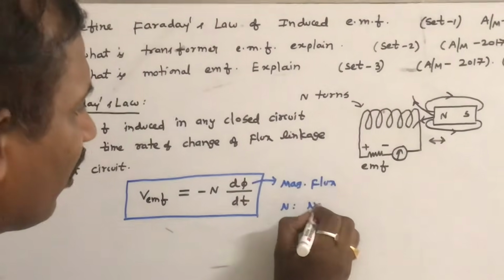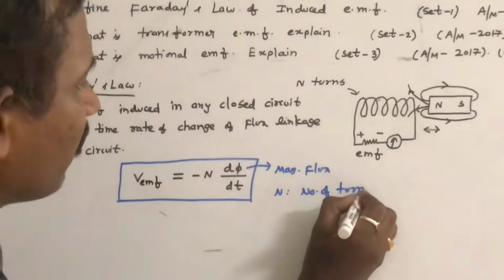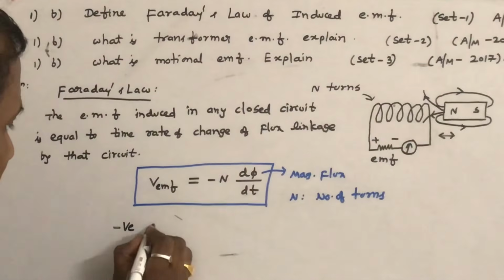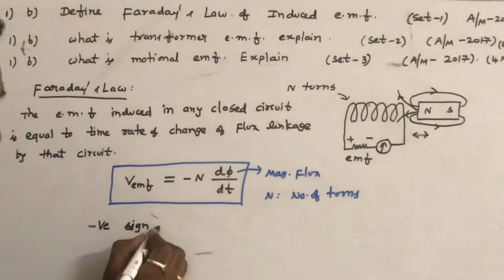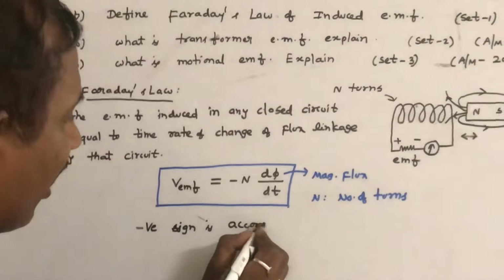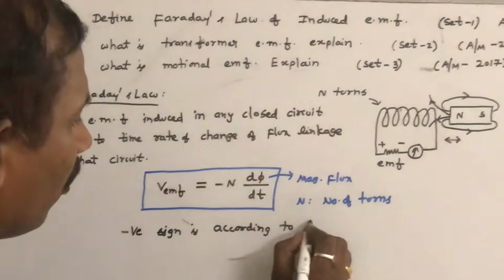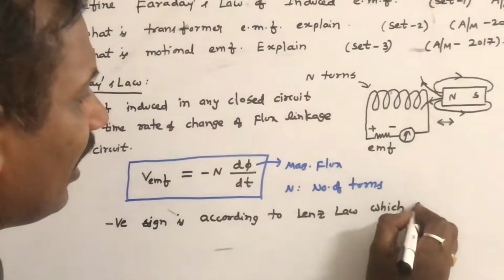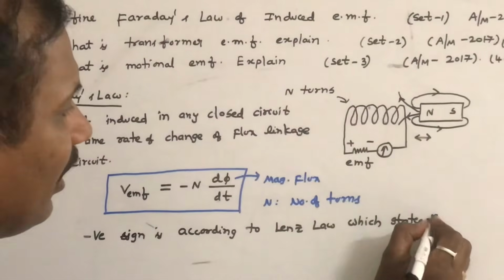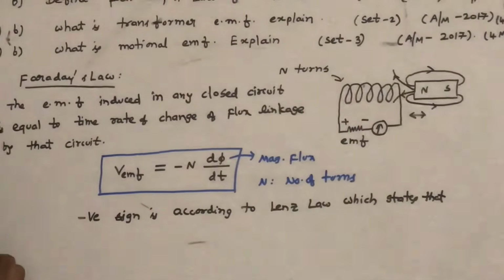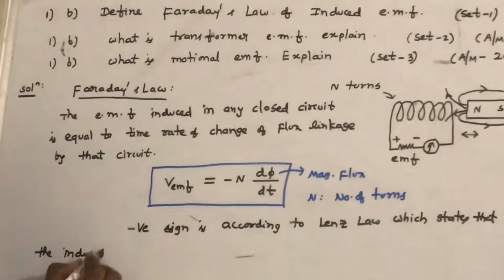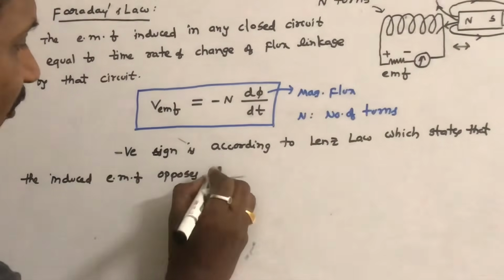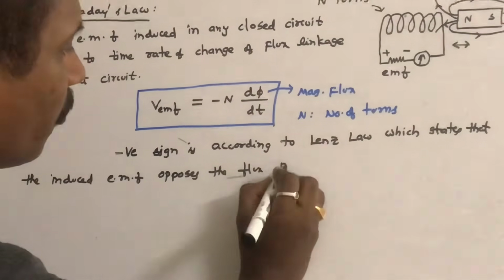The negative sign is according to Lenz law, which states that the induced EMF opposes the flux producing it.